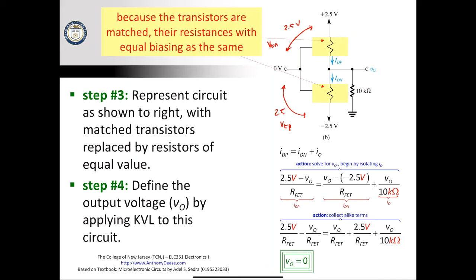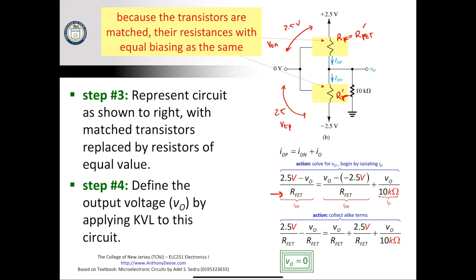So we know that this resistance here, I'll call it Rx, and this resistance here, Rx prime, are equal to one another. And actually what I did was I called it Rfet. You can see down here I called it Rfet. So if we represent the circuit shown to the right with matched transistors, we can replace them with matching resistances. We may not know what the resistance value is, but we know it's the same.